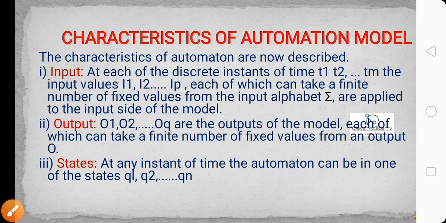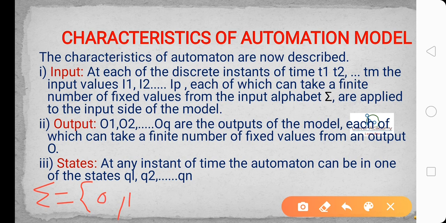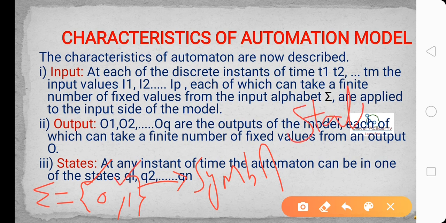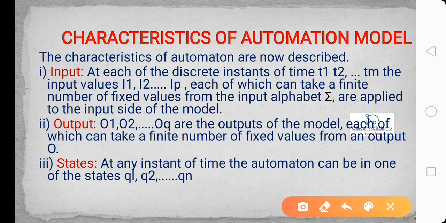Suppose we take an alphabet sigma equals 0, 1. The finite automata can be represented by using symbols, 0 comma 1, and we have the states. The states and their transitions can be identified based upon the input representation.